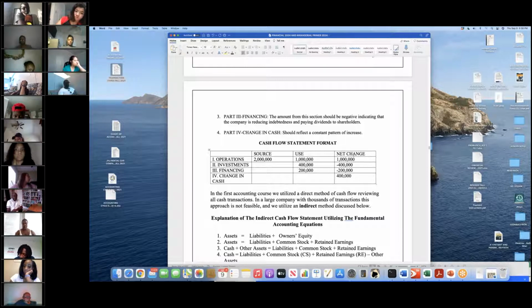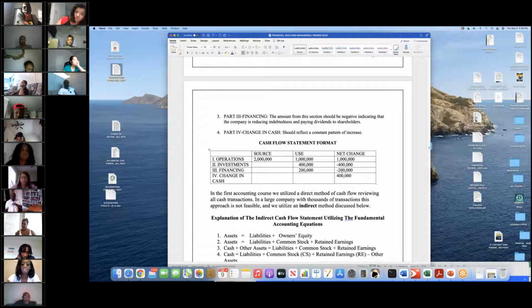So this is a general guide in terms of, okay, does the company look like this? And when you're doing your cash flow papers, you're going to look at 3 years. What is the pattern of operations, investments, and financing, and the change in cash over a 3-year period? Is it looking like this, or is it looking different?